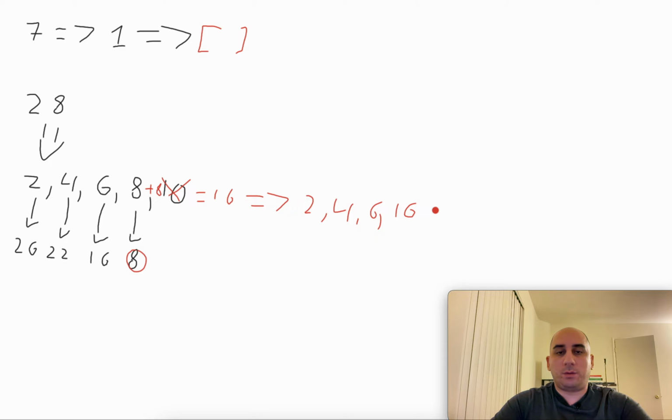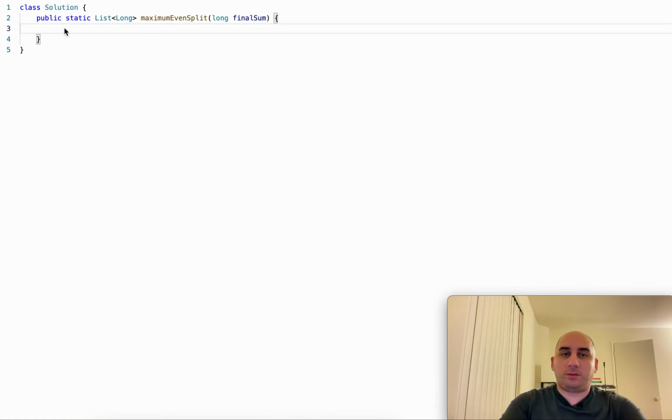So let's put this algorithm to code. First thing that we need to do is create a list of longs, and let's call it result, a new ArrayList.